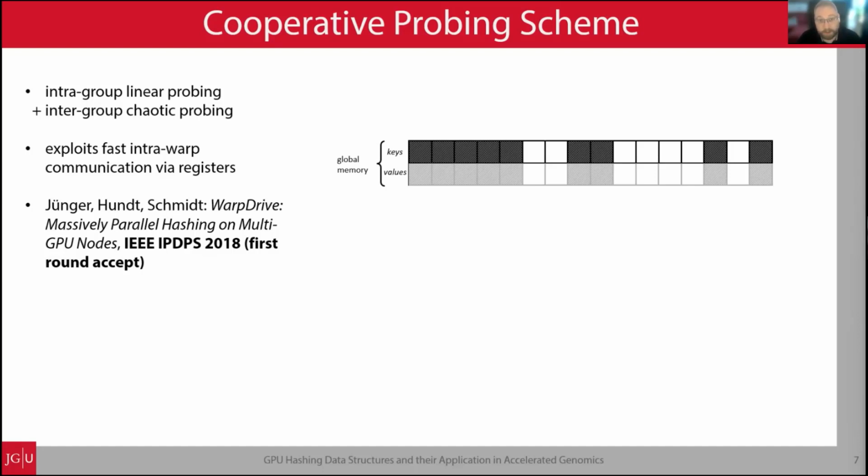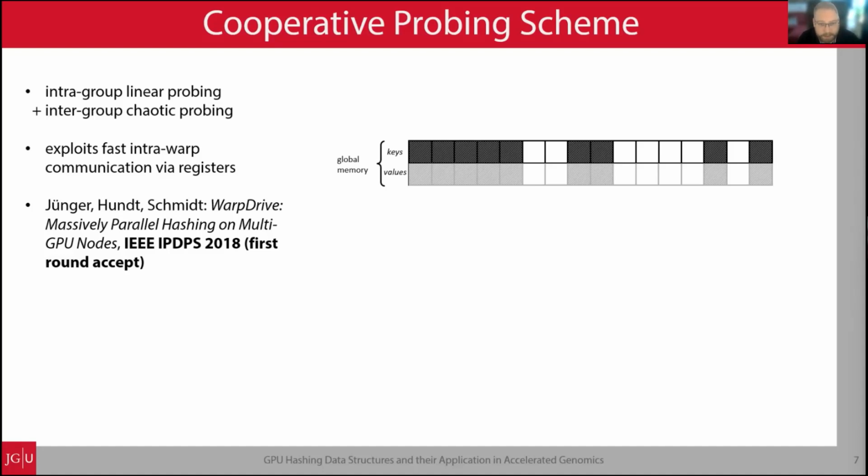So we propose a cooperative probing scheme specifically tailored towards the CUDA architecture, which aims to reduce the number of cache misses per probing step by looking at multiple adjacent slots in the same cache line in parallel before moving to another outer probing window, which is determined by a double hashing scheme. So we have inner linear probing and outer double hashing.